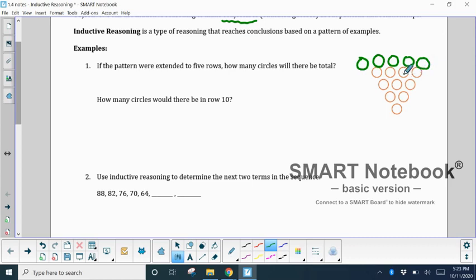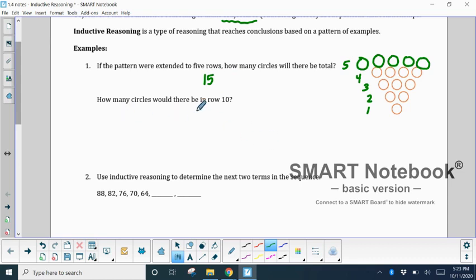So it says how many circles will there be total? Well, there's 1 here, plus 2, plus 3, plus 4, plus 5. I would just add those all together. 5 plus 4 is 9, plus 3 is 12, 13, 14. There would be 15 circles.